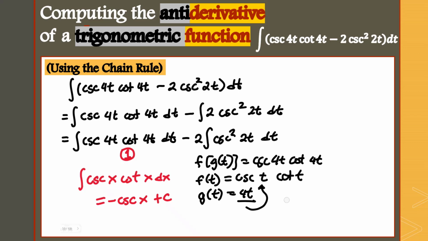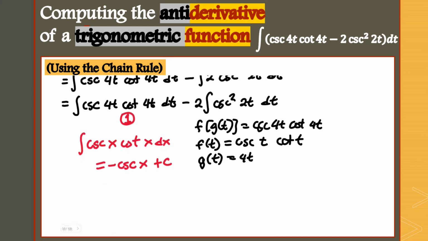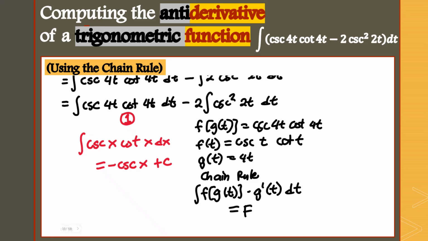So yes, our given is really an example of a composite function. And this time, we are going to represent here the chain rule. The chain rule for antidifferentiation of composite functions allows us to get the integral of f of g of t times the first derivative of g, g prime of t, dt, which gives the antiderivative of the outer function with respect to g of t, plus c.